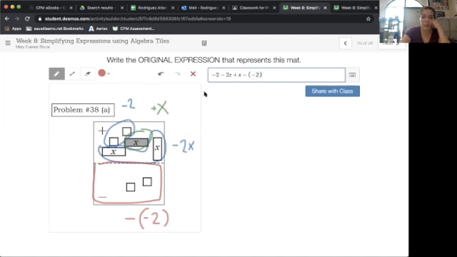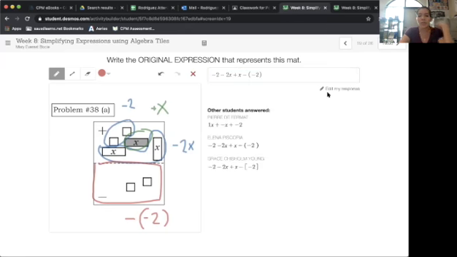Okay, so that's exactly as you see it. We haven't done any zero pairs. We haven't flipped these tiles from the opposite side to the positive side. That's what we're going to be doing in the next slide. So as you could see, a couple of your classmates also got the same thing. Good job. Let's move on.